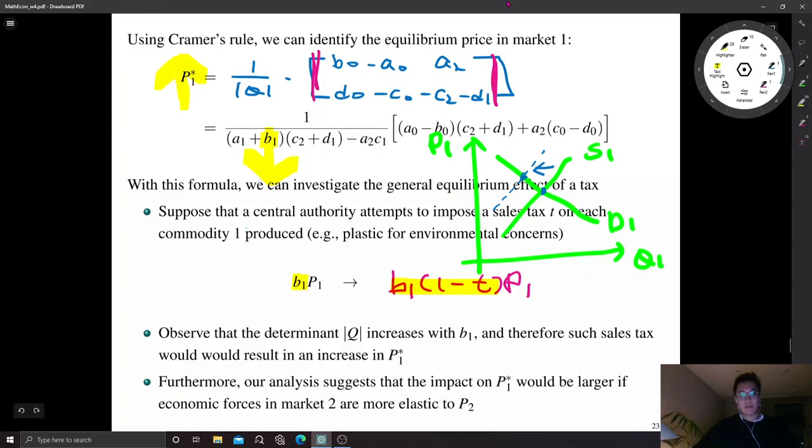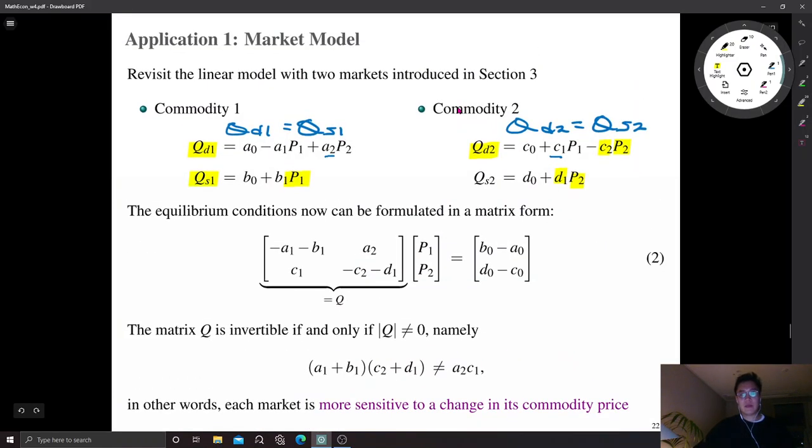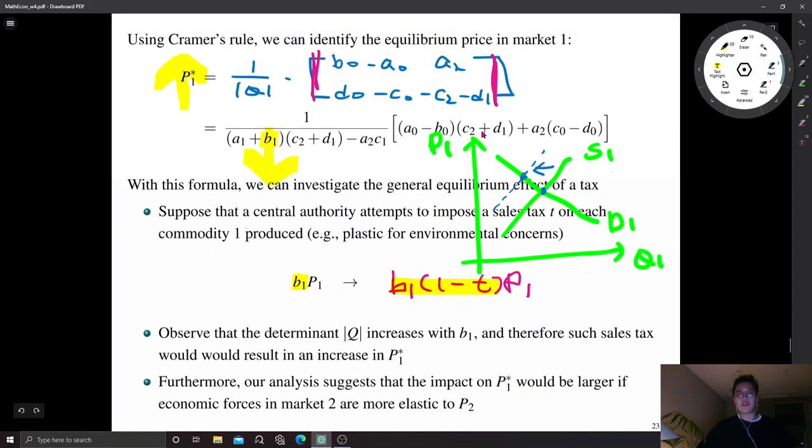So now think about market 2. If we focus on C2 and D1, where C2 is the price elasticity of demand in market 2, and D1 is the elasticity of supply in market 2. If C2 and D1 get larger and larger, then the expression in this bracket will increase. The quantity of this expression will increase.